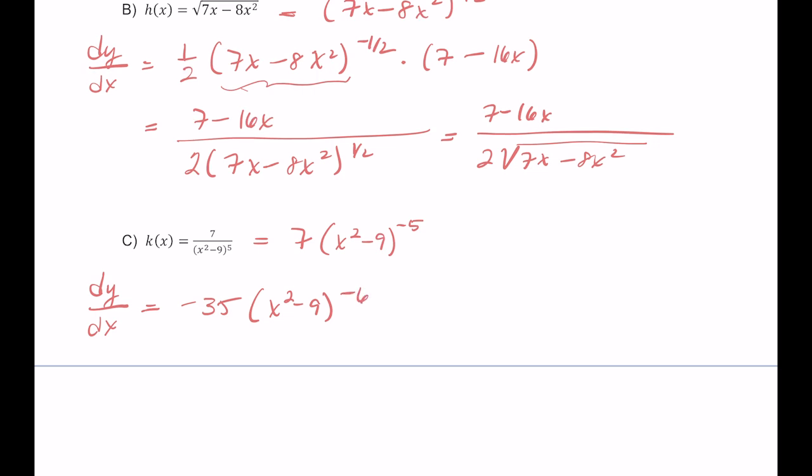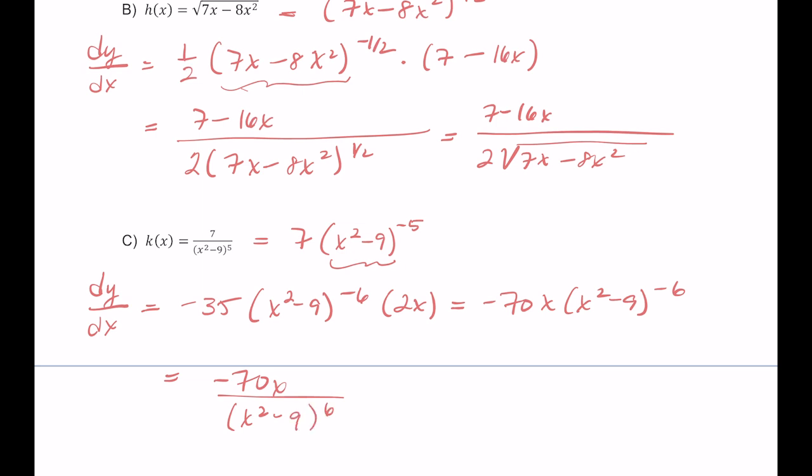And then I'm going to find the derivative of the inside. So that would just be 2x. And then I can just multiply negative 35 times 2, which would be negative 70x, and then times x squared minus 9 to the negative 6. And we can leave the negative 70 on top, and then place the x squared minus 9 to the 6th on the bottom, and that exponent would turn positive.